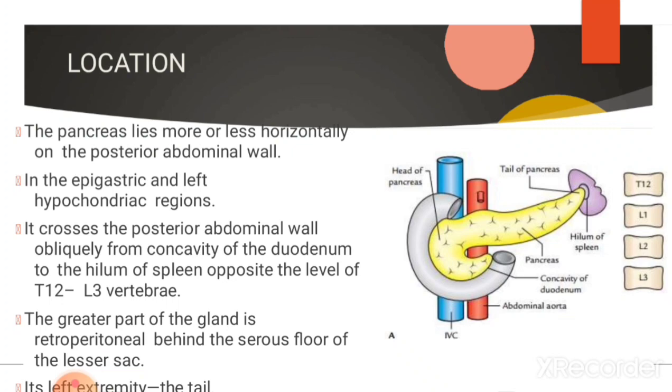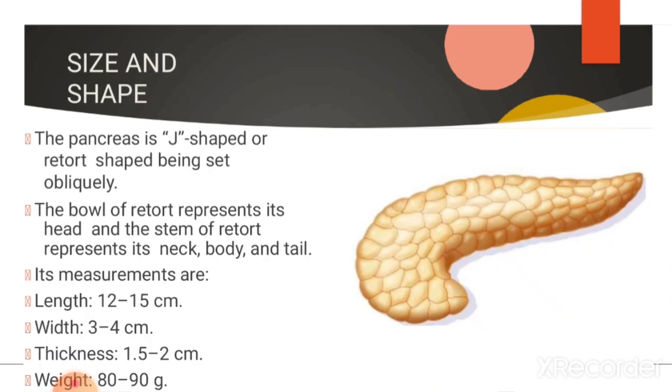it is lying behind the lesser sac, and its left extremity is known as the tail, which lies in the hilum of the spleen. Now, shape and size of the pancreas: it is J shaped, retort shaped, and set obliquely. The bowl of the retort represents its head, and the stem of the retort represents its neck, body and tail.